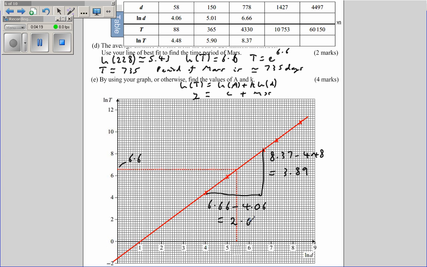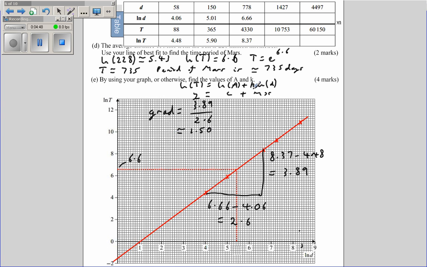The gradient, rise over run, is 3.89 divided by 2.6, which is 1.496, so we can write that as 1.50 to three significant figures.